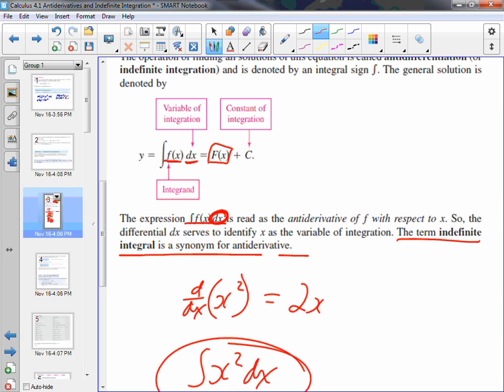Think of that for now as being with respect to x. So the differential dx serves to identify x as the variable of integration. For now, x is your variable of integration. Okay?